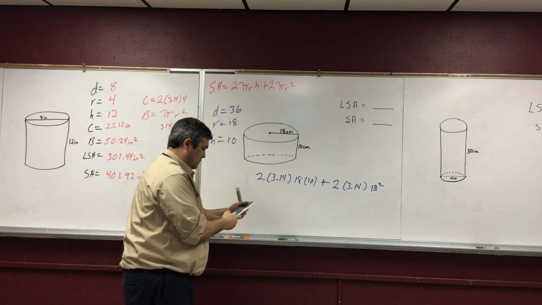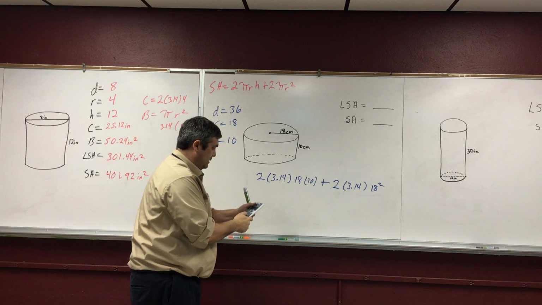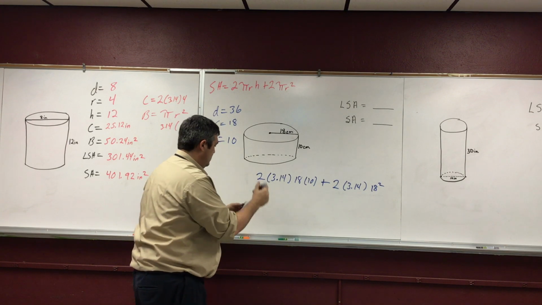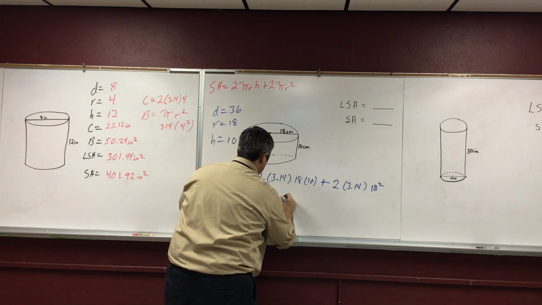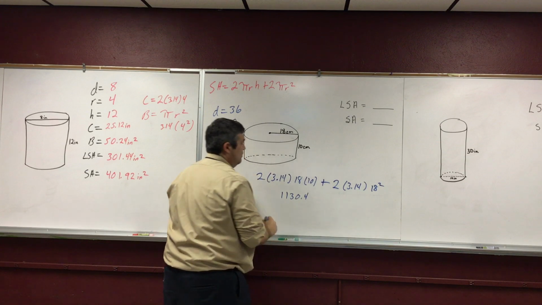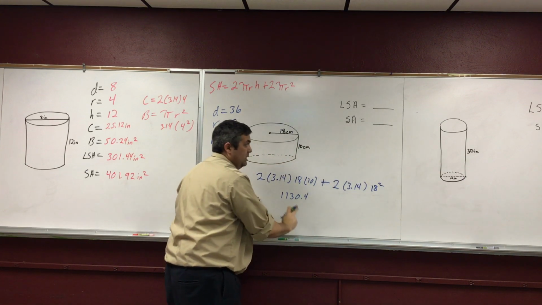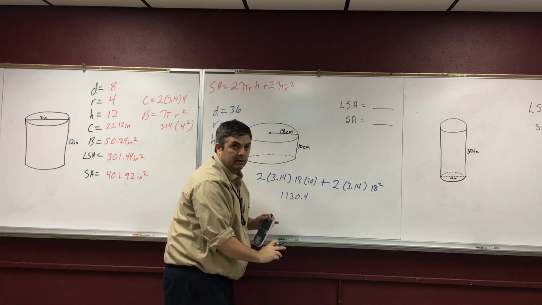2 times 3.14 times 18 times 10. That's 1130.4. So if I'm doing LSA right here, this is the number I'm going to put in there, but I'm going to make sure to label it correctly.